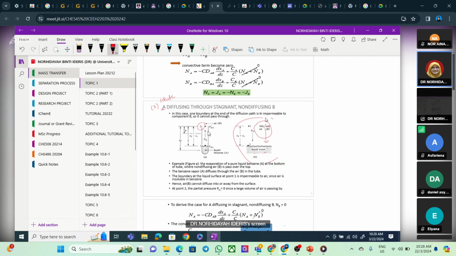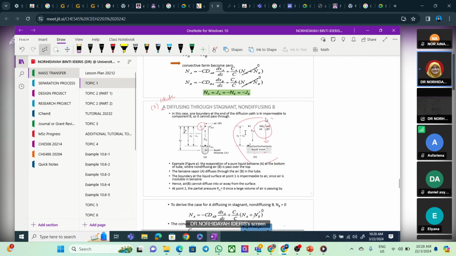Okay, kita tahu kan air ni oxygen and nitrogen, and oxygen and nitrogen is very difficult to dissolve inside the water, but not ammonia. The ammonia can dissolve easily.